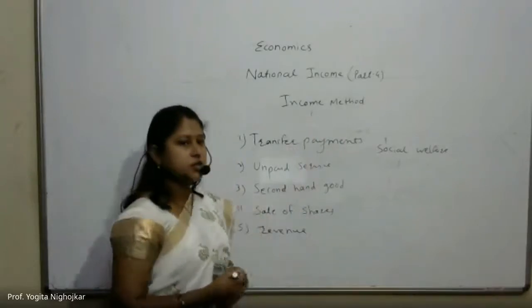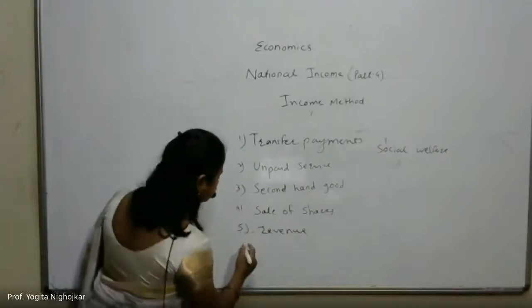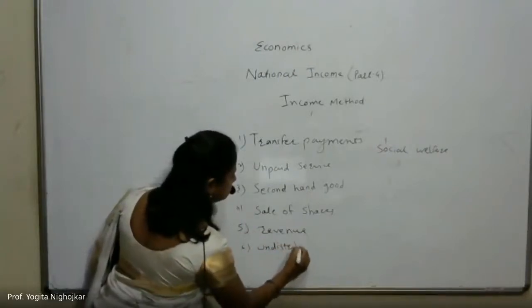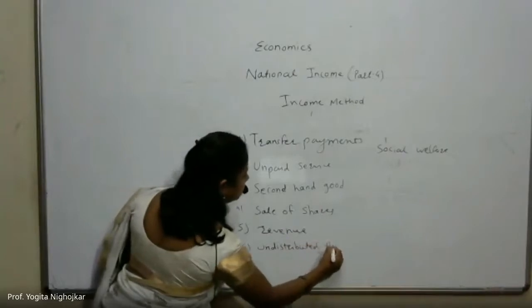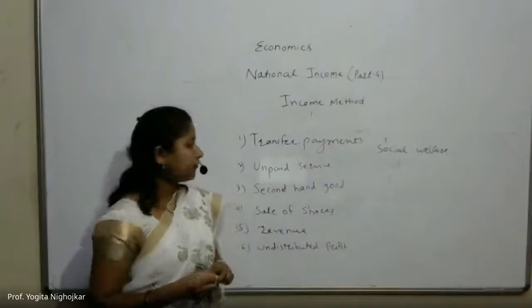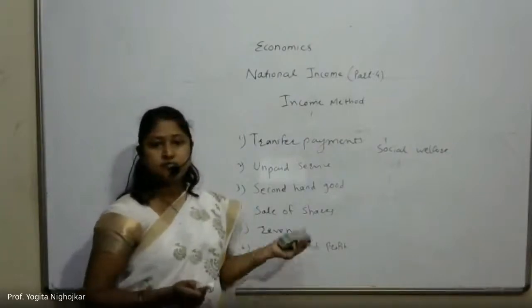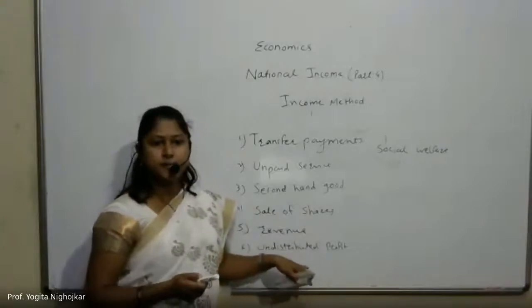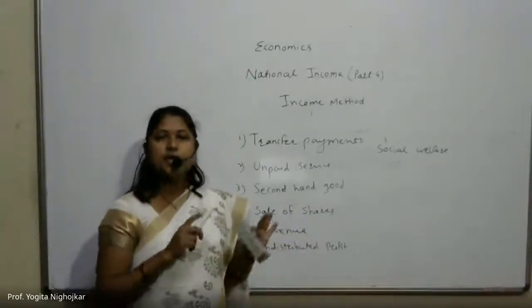Next is undistributed profit. Undistributed profits of companies, income from government property, and profits from enterprises such as water supply should be included.